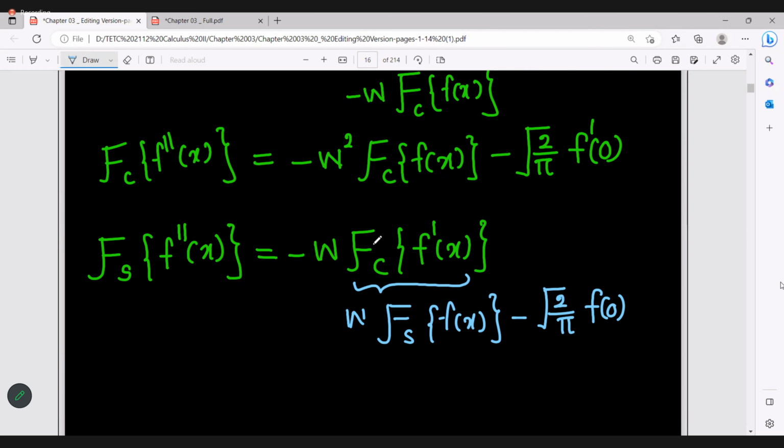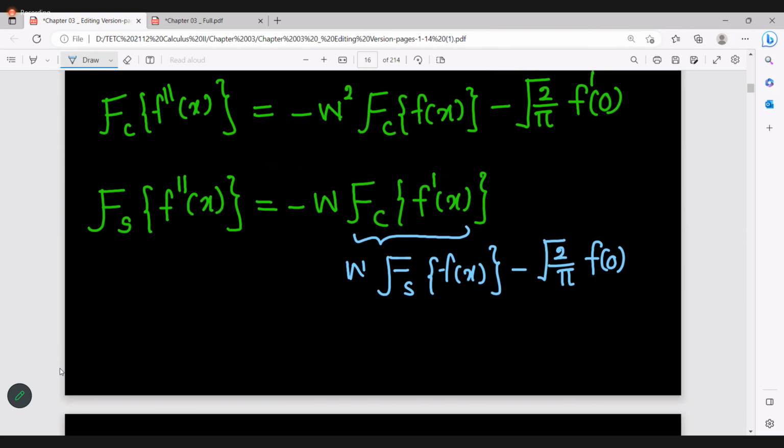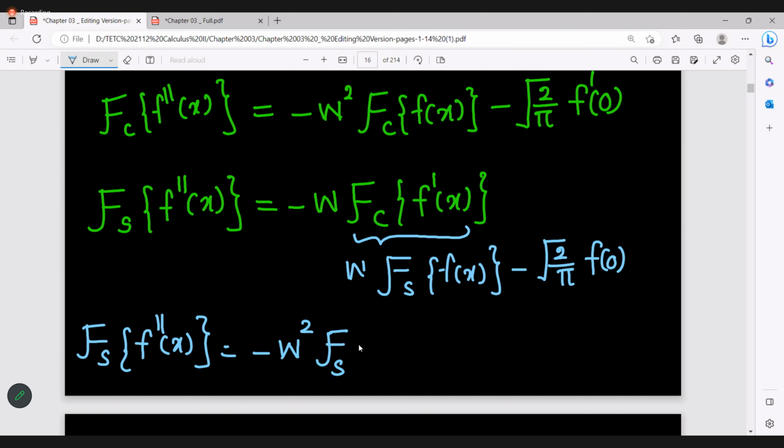So we can obtain an expression for the Fourier sine transform of f double dash x is equal to minus w squared times the Fourier sine transform of f of x minus, no, it's plus square root of 2 over 5 w f of 0.